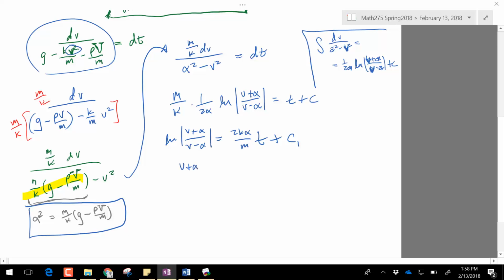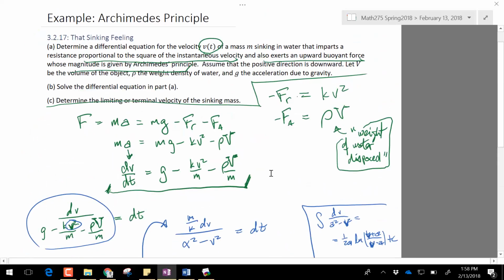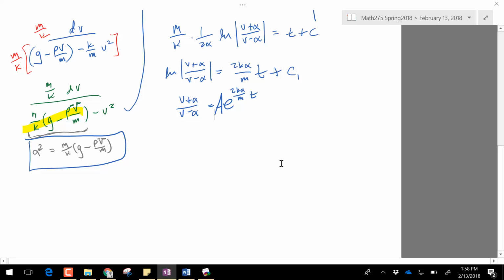So v plus alpha over v minus alpha is equal to e to the 2k alpha over m t, and then we can put the A in the front. Yeah, is there an initial condition here? No. Okay. C. Okay.